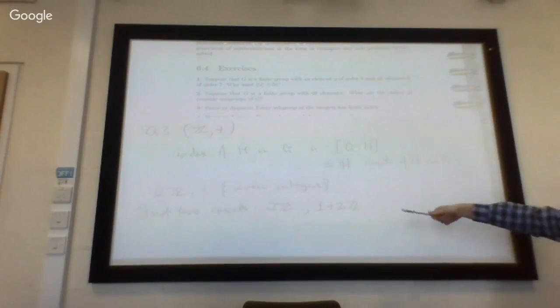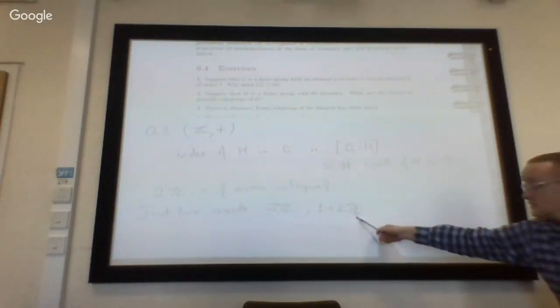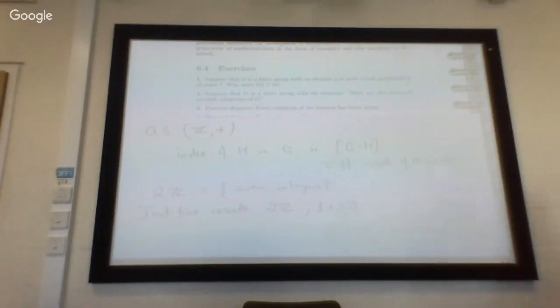This is the subset consisting of all odd integers, because it's all even integers plus 1. So while this is a subgroup of infinite order, it has finite index.